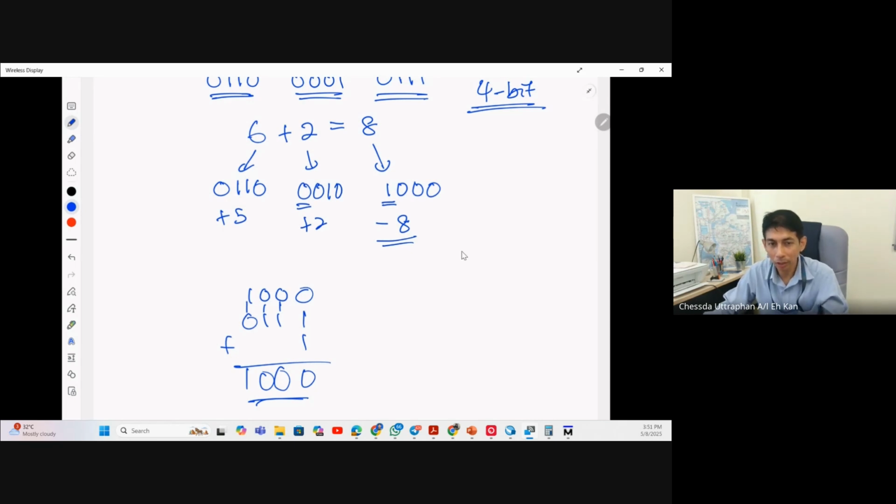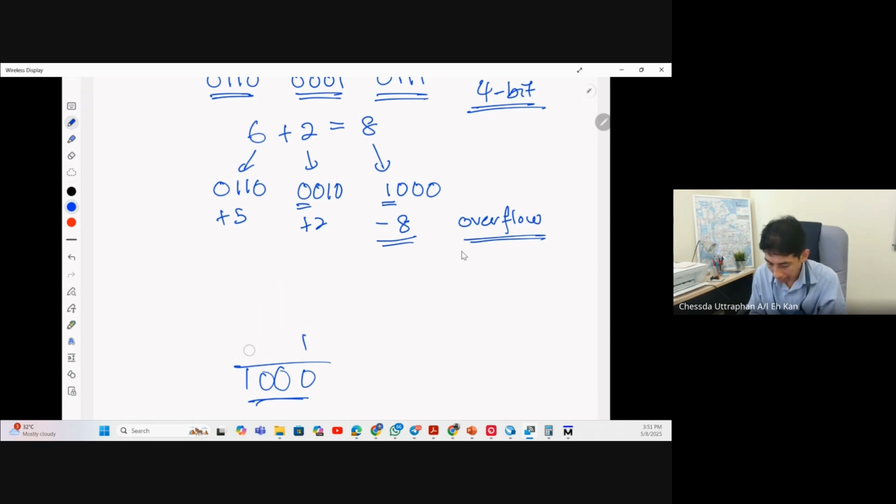So this is called overflow. In a digital system, overflow means the number that you want to represent does not fit in the system that you use.